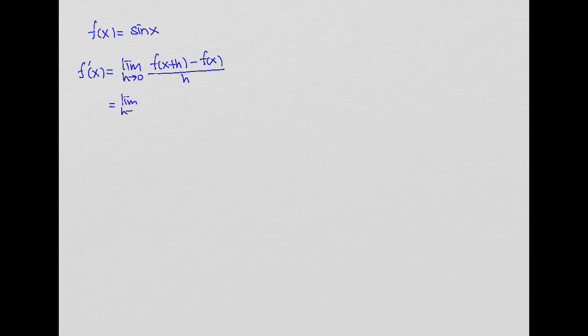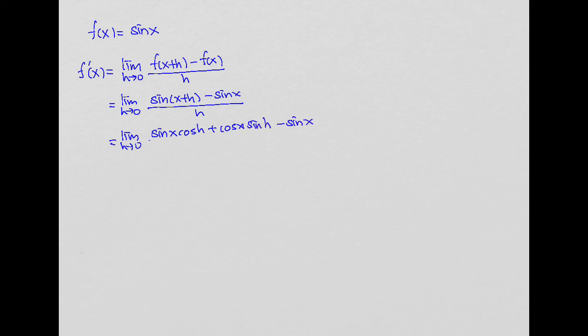And we're going to substitute in f of x plus h, which will become sine of x plus h minus sine x, divided by h. And using the compound angle formula, we know sine of x plus h will be sine x cos h plus cos x sine h, minus sine x, divided by h.